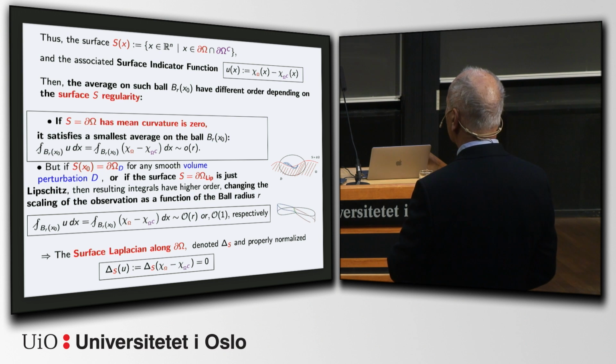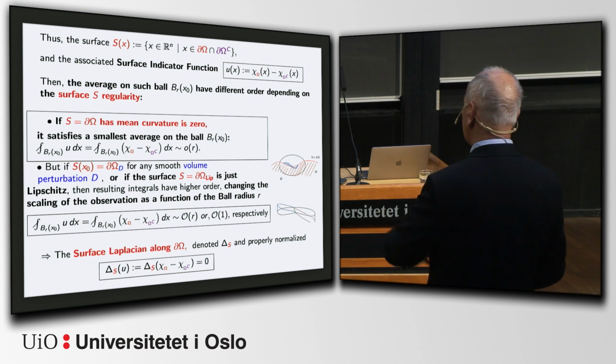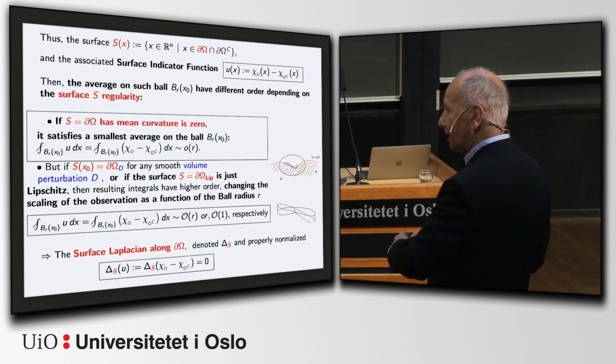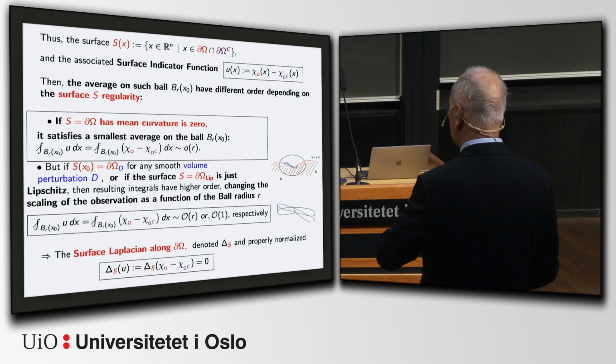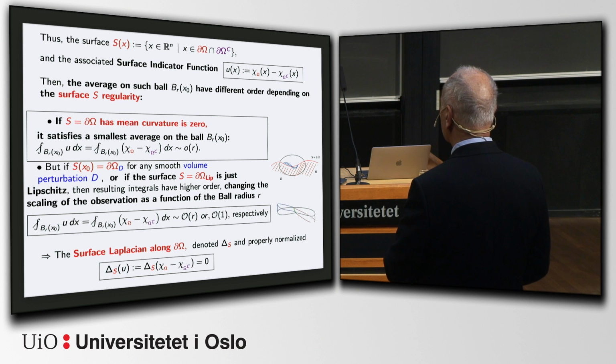So the surface Laplacian along boundary of omega of U is equal to the Laplacian on S of the characteristic of omega minus the characteristic of the complement. That's basically giving the jump of U across the boundary of omega.